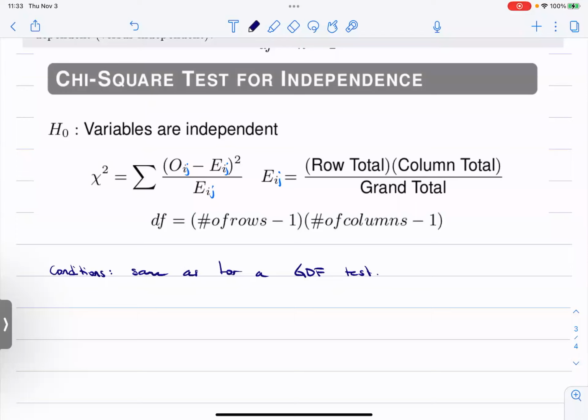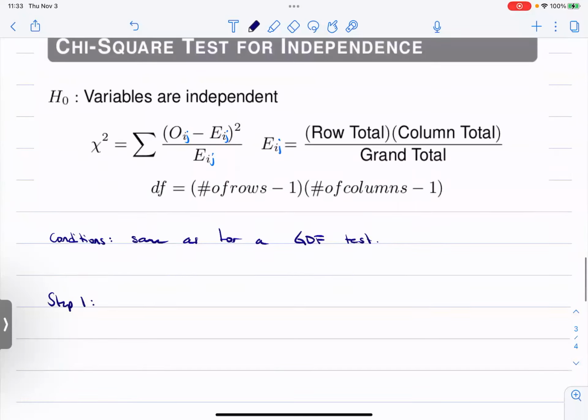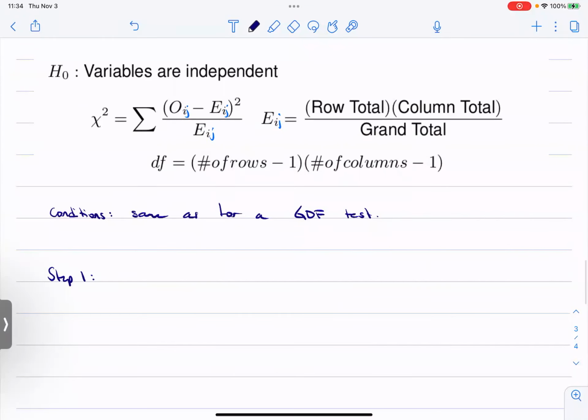In general, right, our hypotheses, so step 1, state the hypotheses.